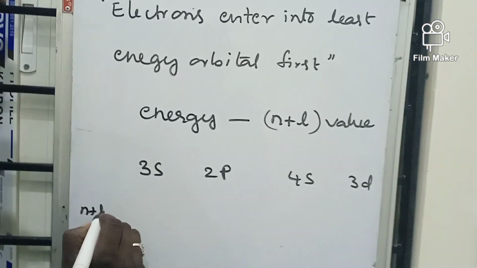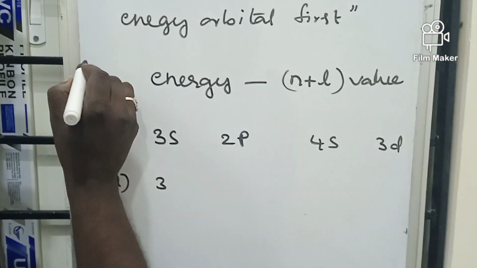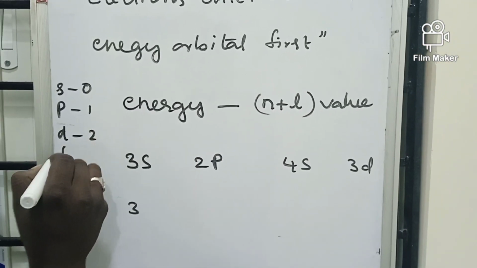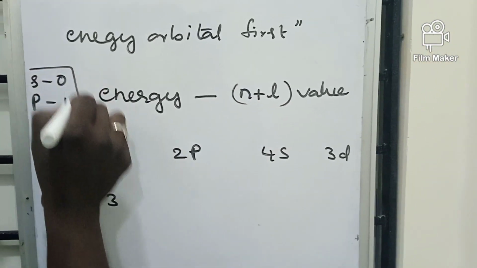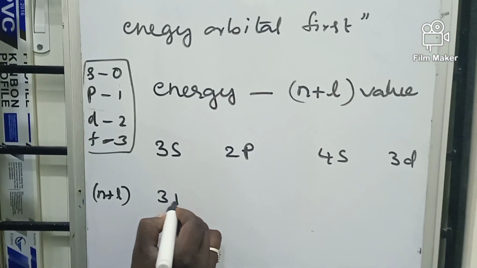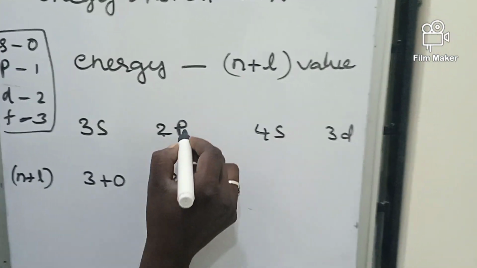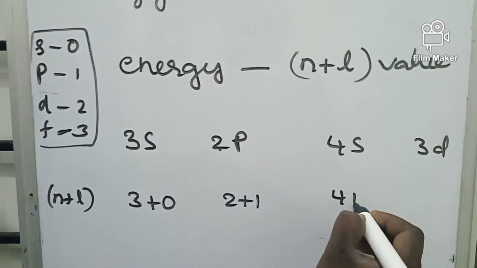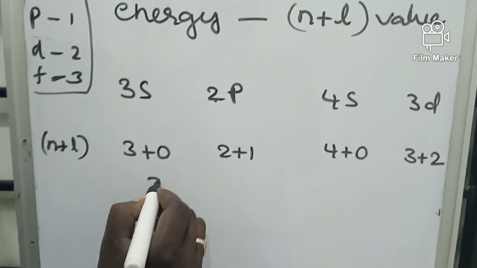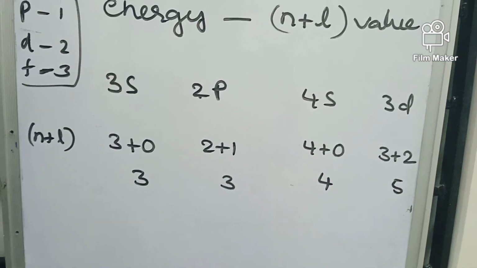For 3s, n is 3, and for l: s orbital 0, p orbital 1, d orbital 2, f orbital 3. These are well known before only. We have discussed in the previous classes. So 3 plus 0, this is 2 plus 1 for 2p, 4 plus 0 for 4s, 3 plus 2 for 3d. So this is 3 and this is 3 and this is 4 and this is 5.